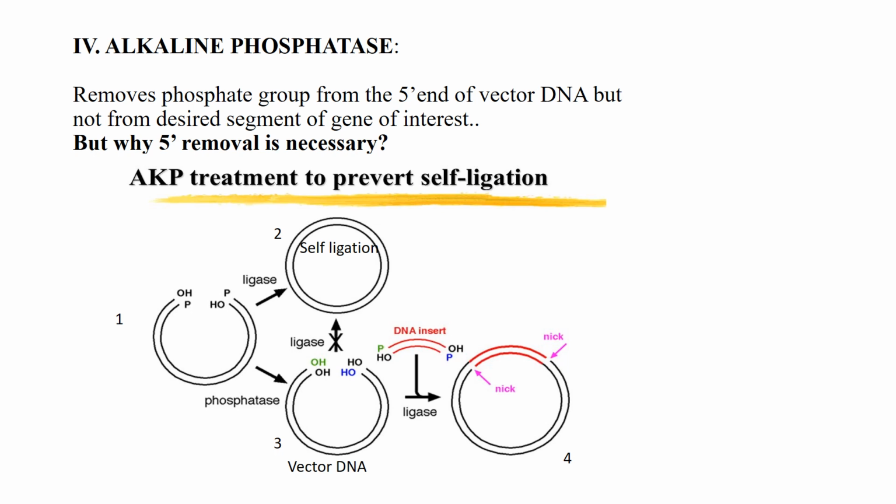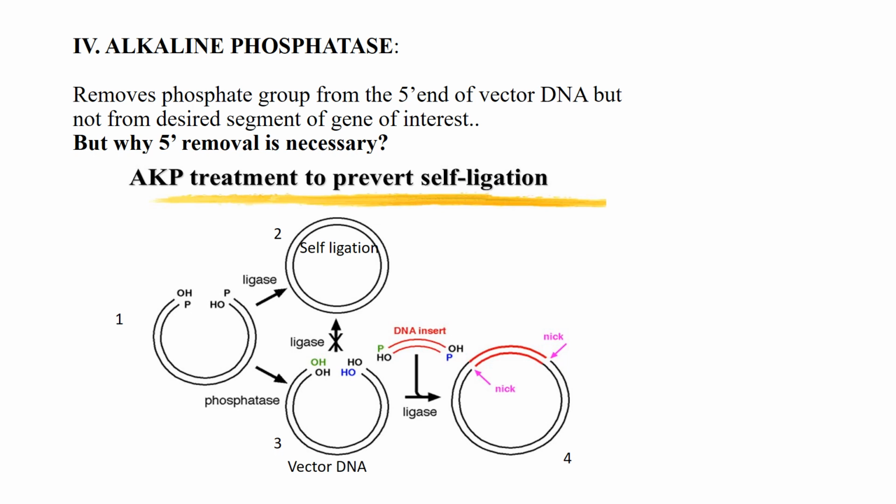Okay, now this phosphatase will remove the phosphate group from the 5' end. Here there is removal of phosphate group from the 5' end, and there is presence of hydroxyl group at both 5' and 3' end of the cut plasmid or cut vector DNA. And by allowing ligase enzyme, the self-ligation is prevented because there is no phosphate group at 5' end.